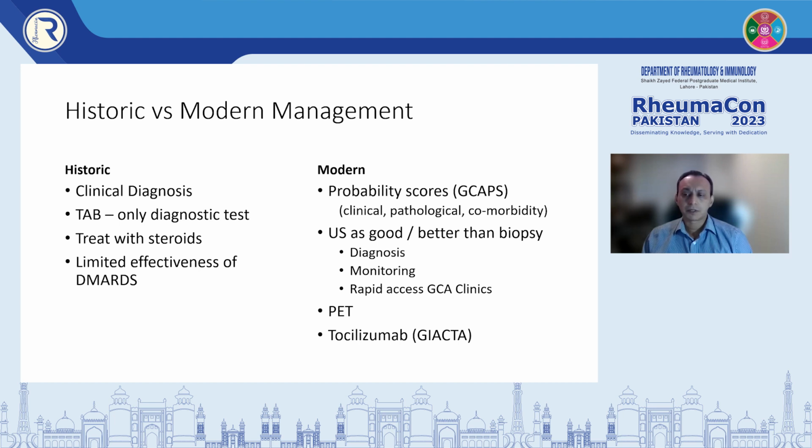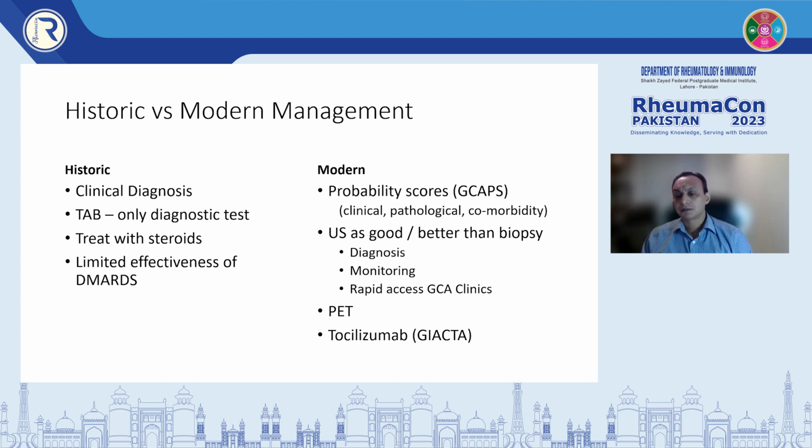We have probability scores like GCAPs available now, where we can amalgamate clinical and pathological features, and we can also score negatively for presence of any comorbidities, which is a big advance, as in the past, what we have seen is that because of the comorbidities, patients may have symptoms of GCA, or they may have raised inflammatory markers, which leads to an inaccurate diagnosis.